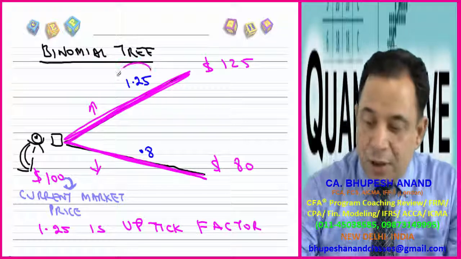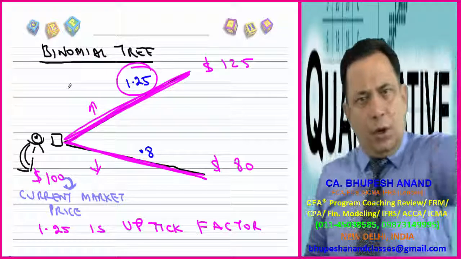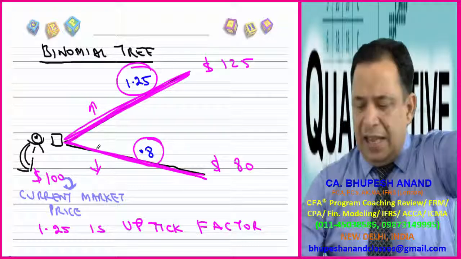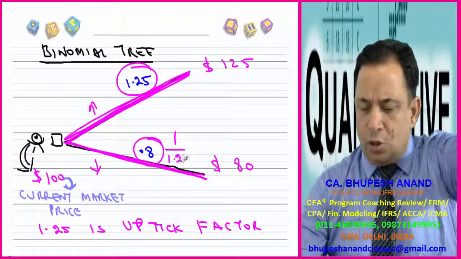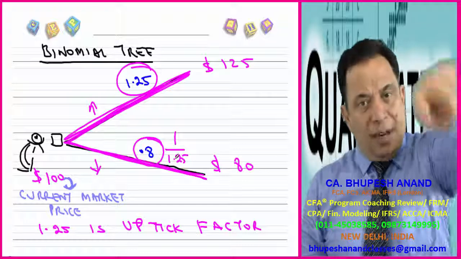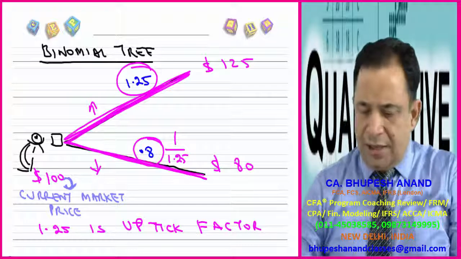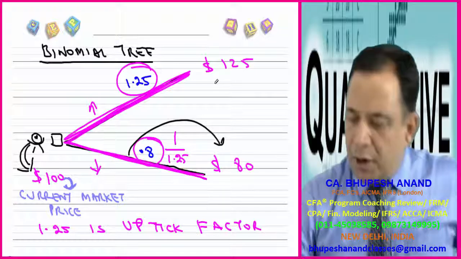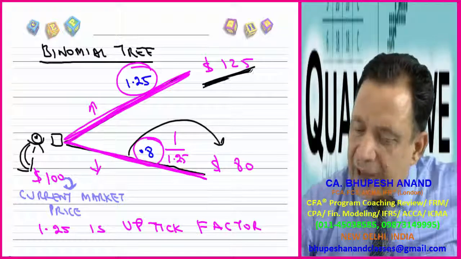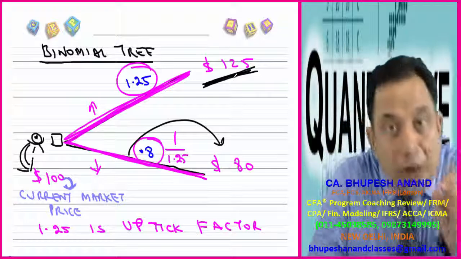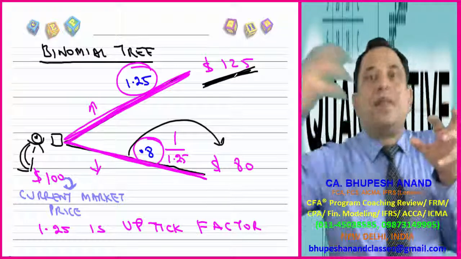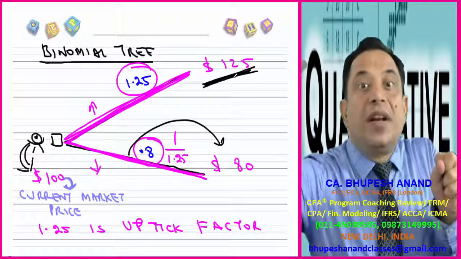Now, how I have calculated this 1.25, no need to worry, this is the uptick factor. And how I have calculated 0.8 is very easy: 1 upon 1.25, the reciprocal of the uptick factor, which is 0.8. So I have calculated that the price can reach up to $125 or come down to $80 after 1 year, if the period of maturity is 1 year.